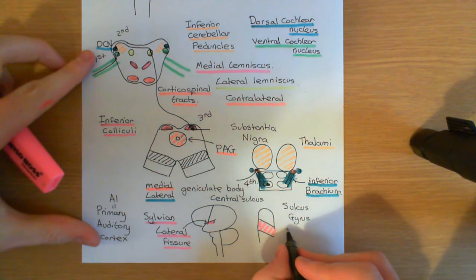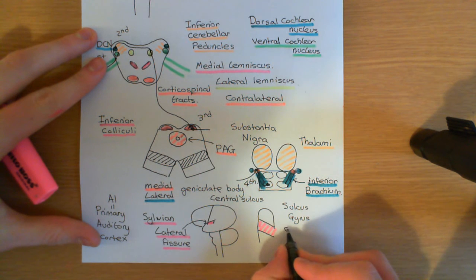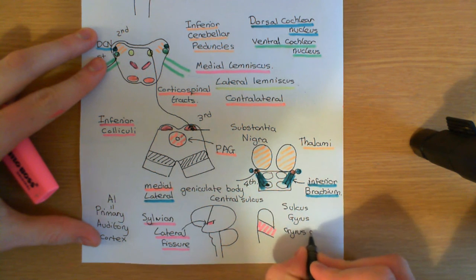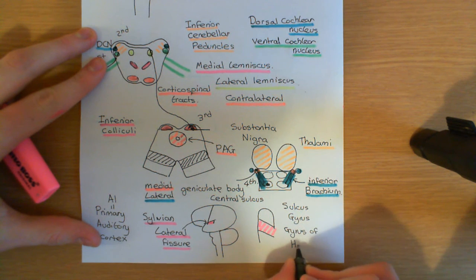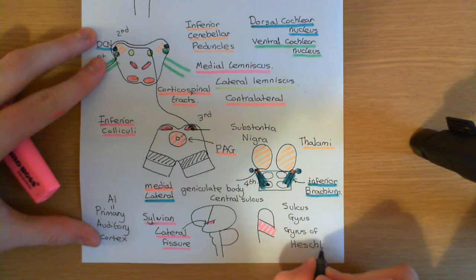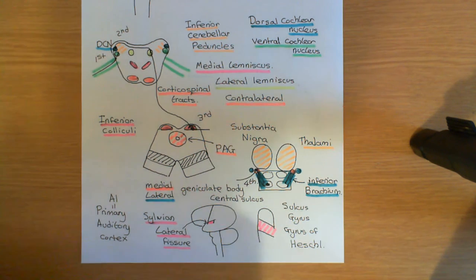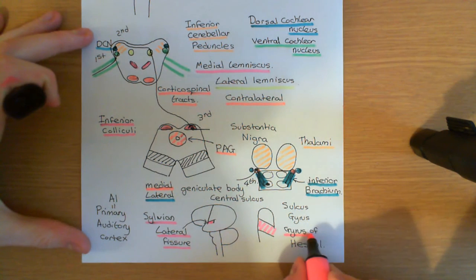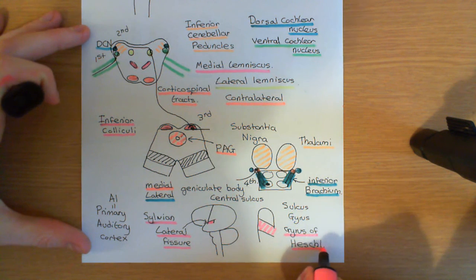Okay, and this gyrus has a special name. It's known as the gyrus of Heschl. So the gyrus of Heschl. So the primary auditory cortex is sitting on the gyrus of Heschl. Now, the gyrus of Heschl has a tonotopic map.